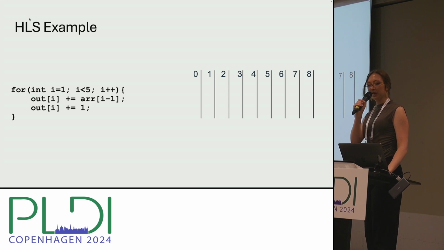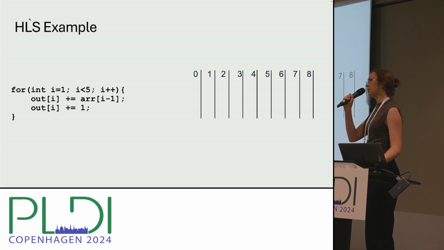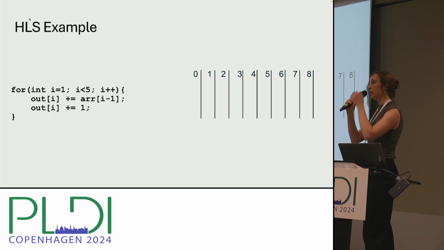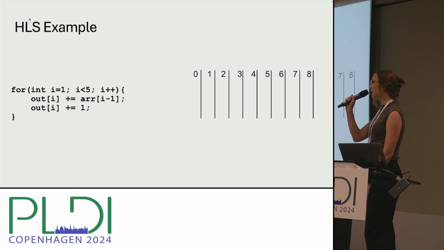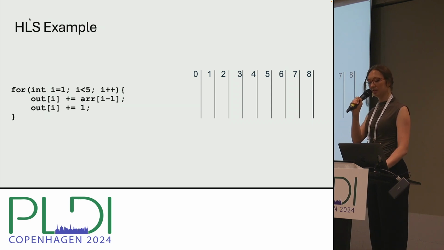On the other hand, we have this for loop implementation, and if you don't tell HLS to do anything, it takes this for loop and treats it as a design specification. So it says, okay, the internal body of the for loop is 1 piece of hardware, and we will use that 4 times.